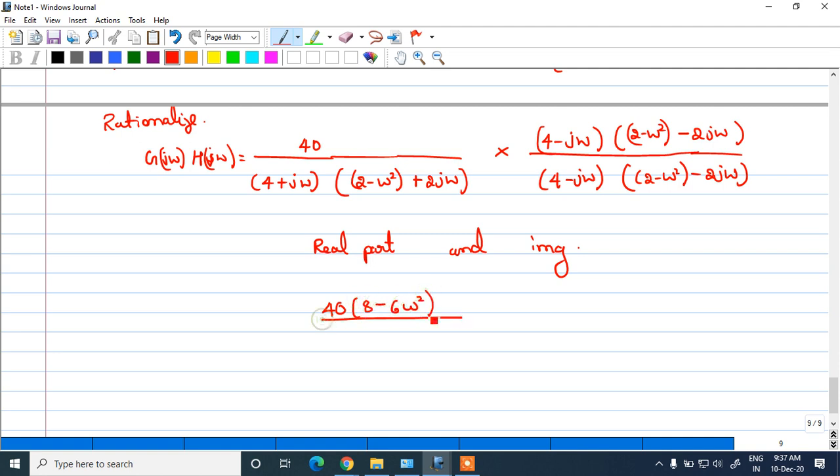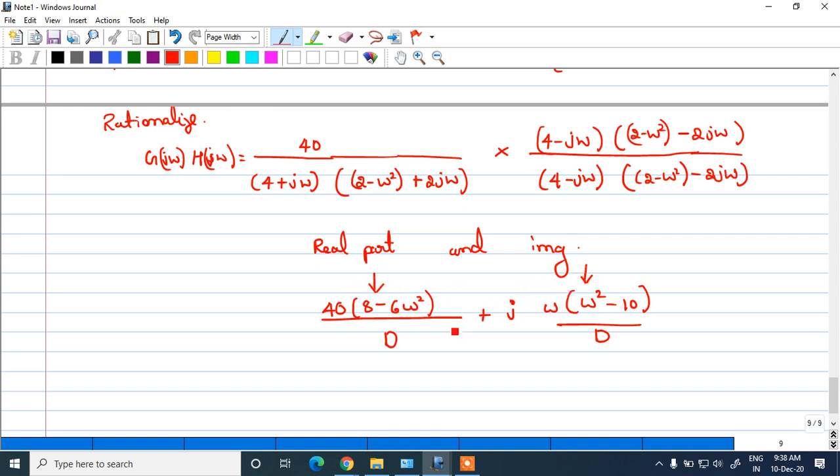So please consider this as homework. You just multiply and try to check whether you obtain the same. So the denominator will be the same, plus j omega square minus 10 by D. So this will be the real part and this will be the imaginary part.